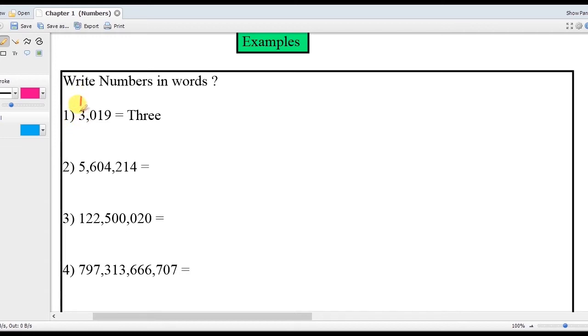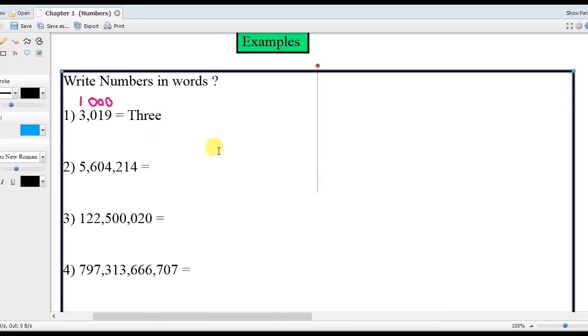After that, see how many digits there are. There are 3 digits, so put that number of zeros. So since there are 3 digits, I'm going to put 3 zeros. So what number do I get? This is 1000, right? This will help make clear what exactly the number is.